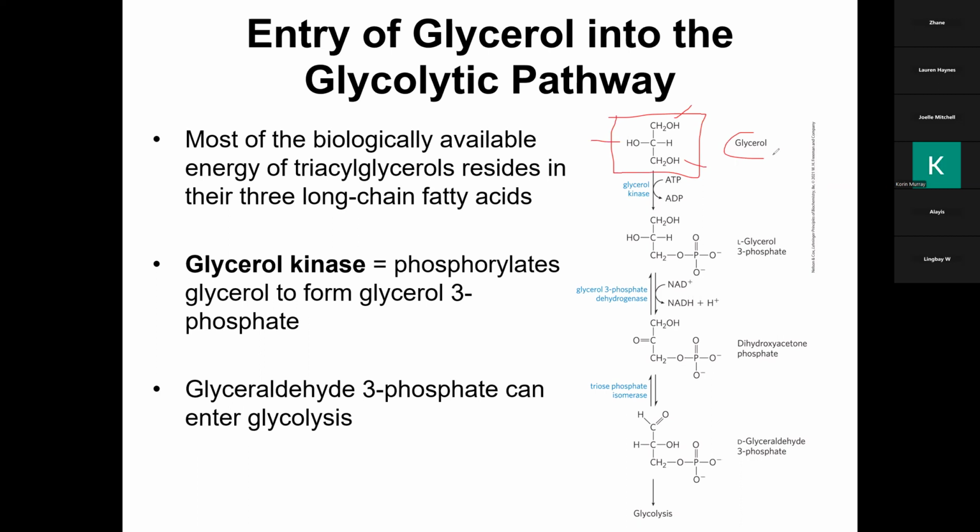But if you really need to, you can take glycerol and put it into glycolysis, and it will turn to pyruvate for the TCA cycle. So you can also burn the glycerol of triacylglycerides and use it for energy, and it can go straight into glycolysis. But the majority of the energy is in the long chain fatty acids attached. I just wanted to very briefly mention that on the side.